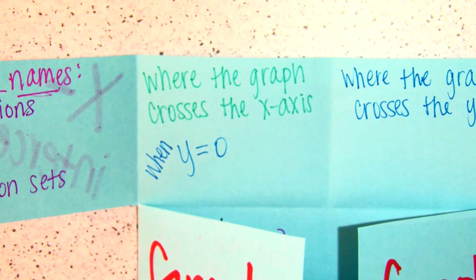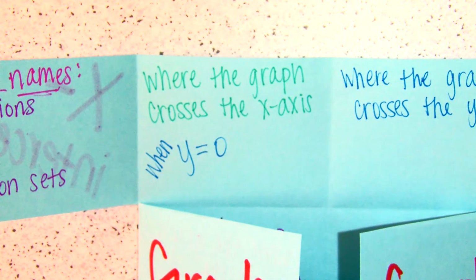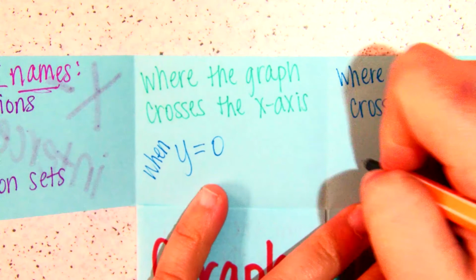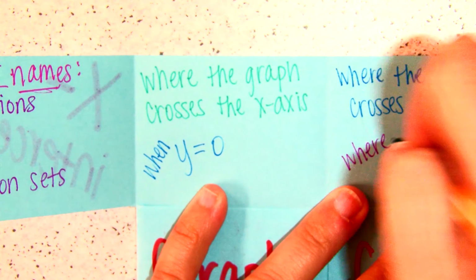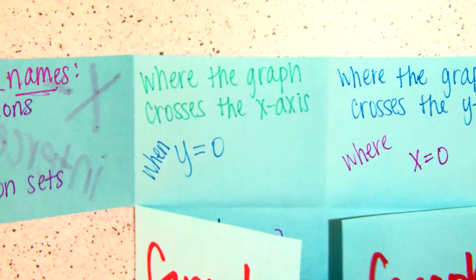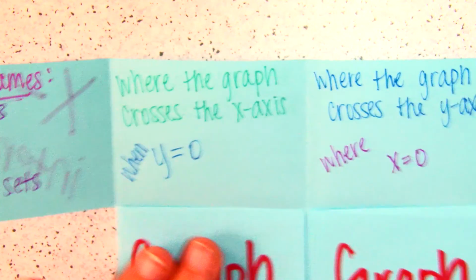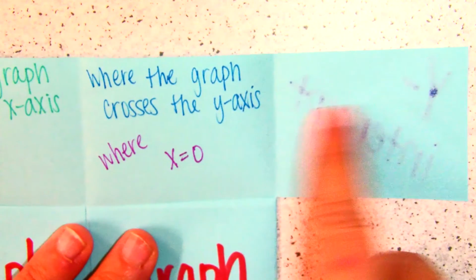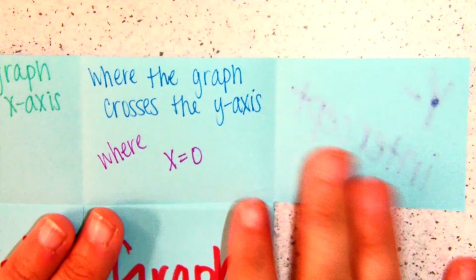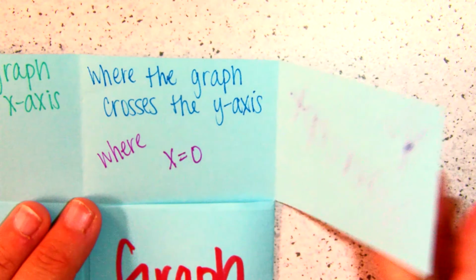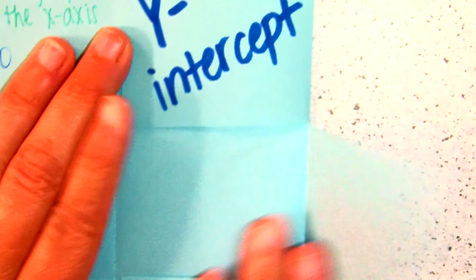Okay? So what does that mean? That means, good job, when x is 0. Okay? So this time we're looking for when x is 0. And there's not any other names for y-intercept. Okay? So let's move on to graph.